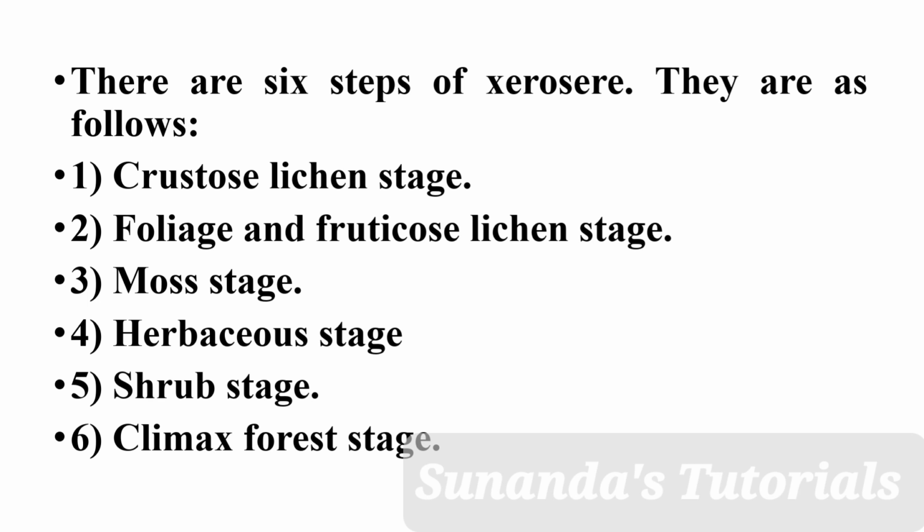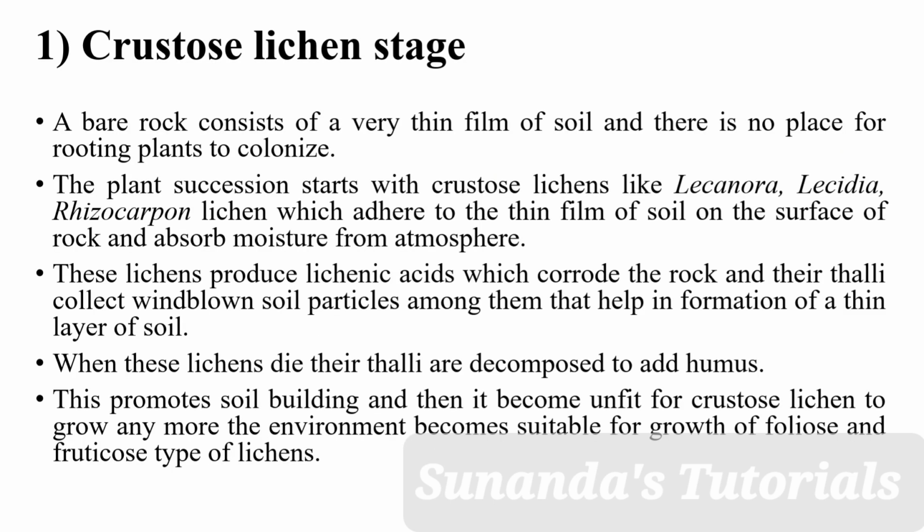The Xerosere consists of 6 steps. First is the crustose lichen stage, second the foliose and fruticose lichen stage, then the moss stage, then the herbaceous stage, then the shrub stage, then the climax forest stage. At first, on a bare rock, the crustose lichens start appearing.